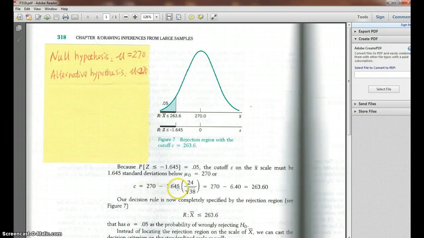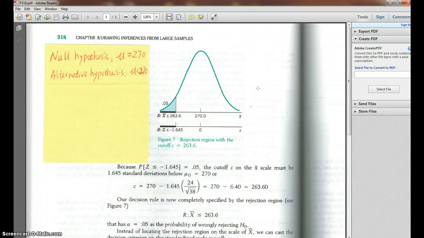So I take 1.645 times 24, the standard deviation, divided by the square root of 38, because this is for a sample mean, and we use the formula, and then we get 263.6. So we find this point here. This point is very important. It's the cutoff point. If your sample mean is less than 263.6, we will substantiate the alternative hypothesis and reject the null hypothesis.